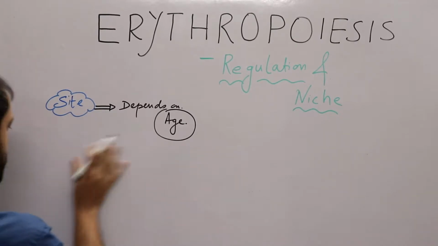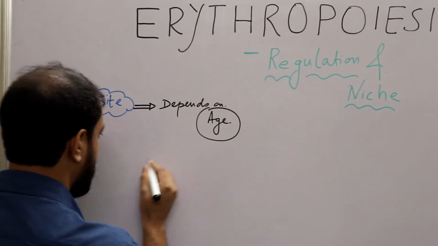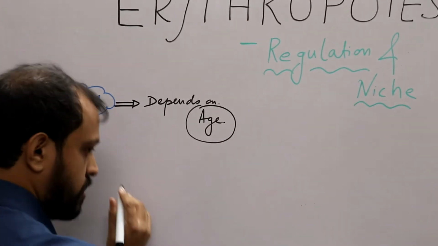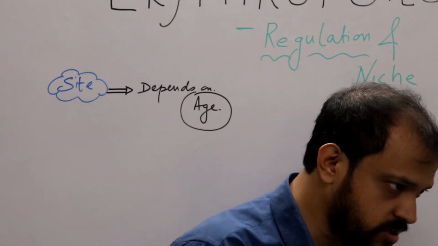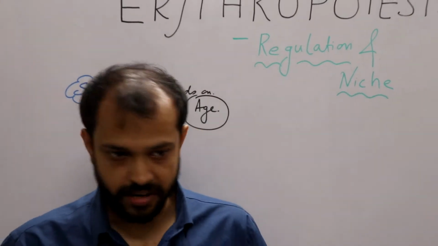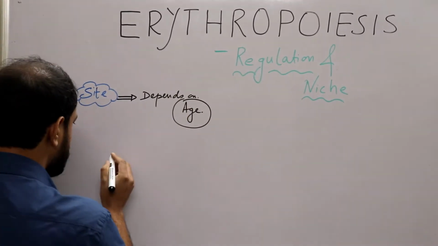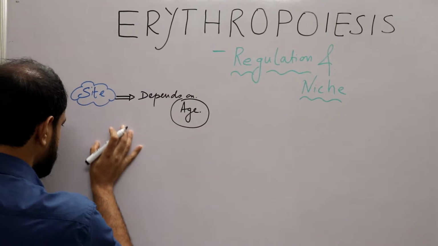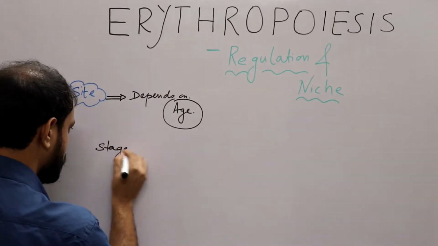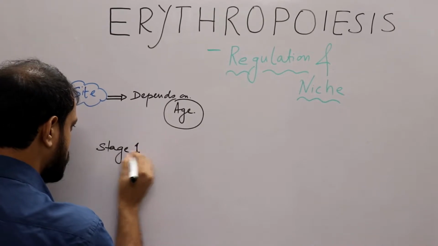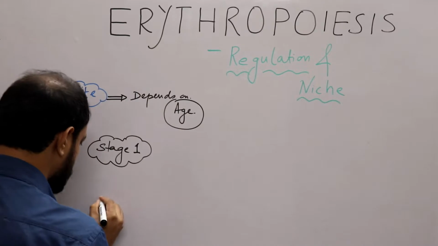Now listen with all your attention possible. The process of erythropoiesis occurs throughout our life. An important point you need to understand is that the process of erythropoiesis has two stages, stage 1 and stage 2.